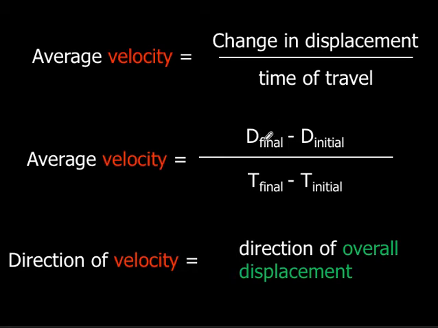The final displacement, take away the initial displacement, divided by the final time, take away the initial time. And your directional velocity will equal the direction of overall displacement. I'll show you an example of what this equation looks like when you're actually calculating a question. So let's begin.